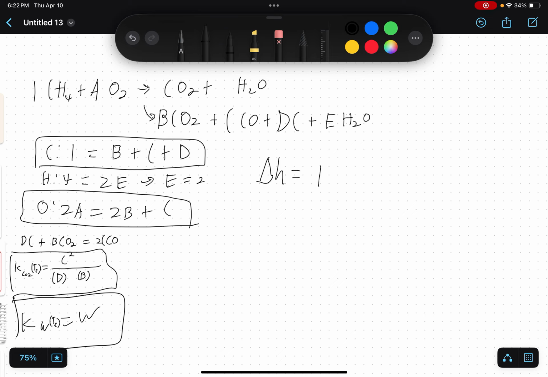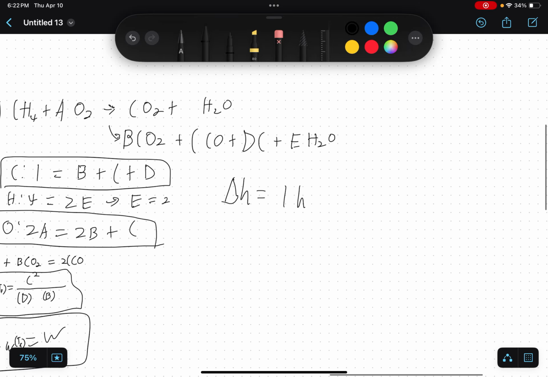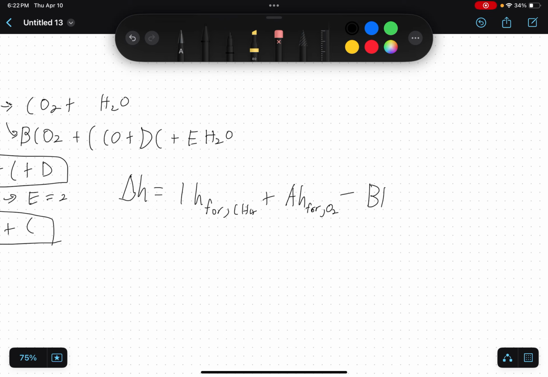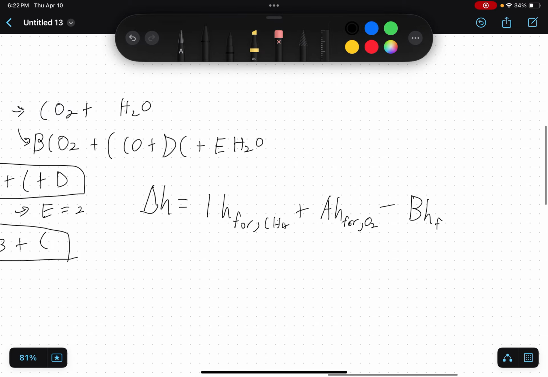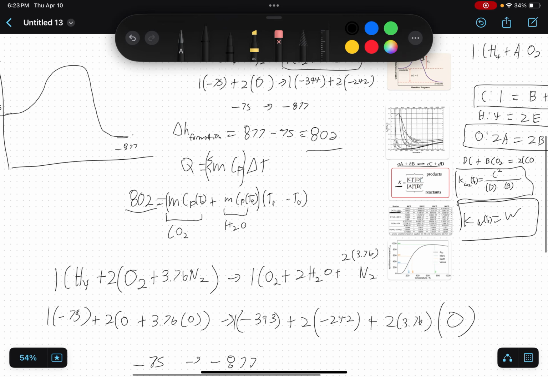It would be 1 times H, enthalpy of formation of CH4, plus A, enthalpy of formation of O2, minus B, enthalpy of formation of CO2, and so on. So that's going to be your delta H, which is the 802 number.